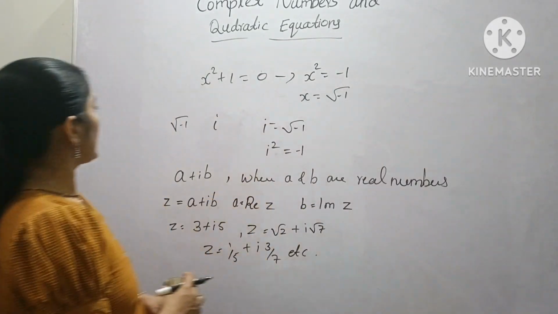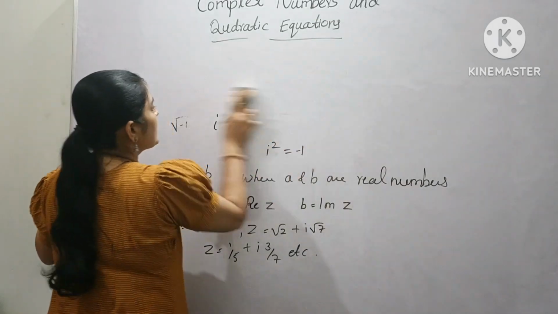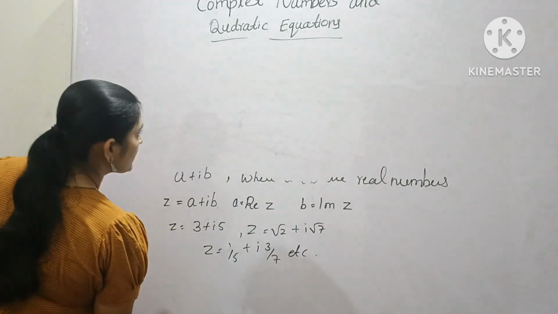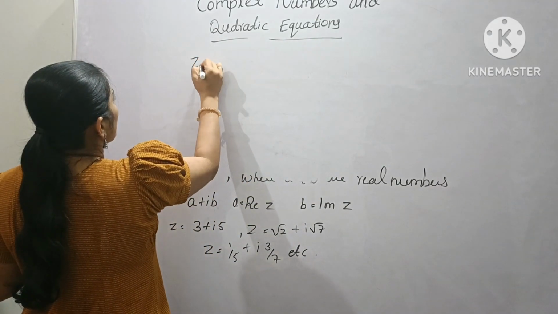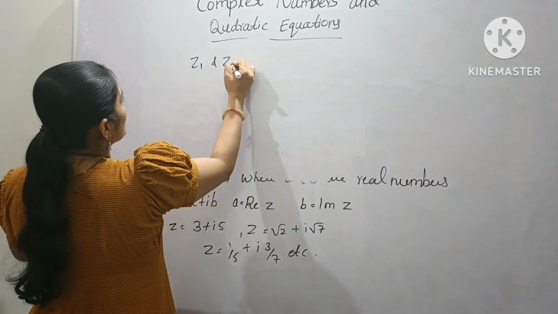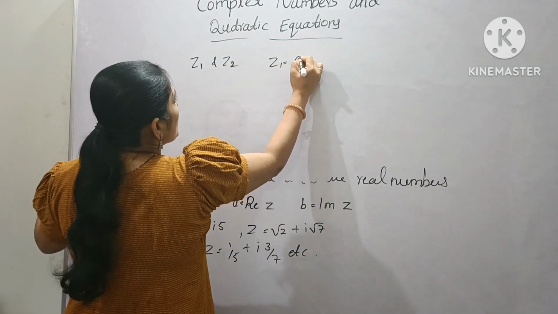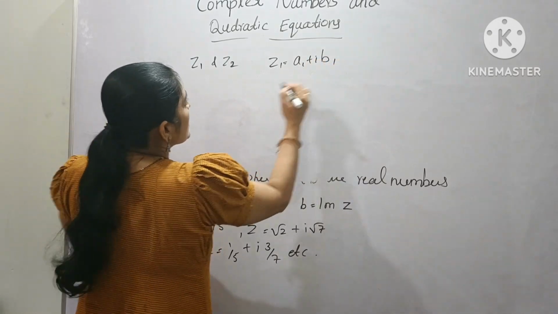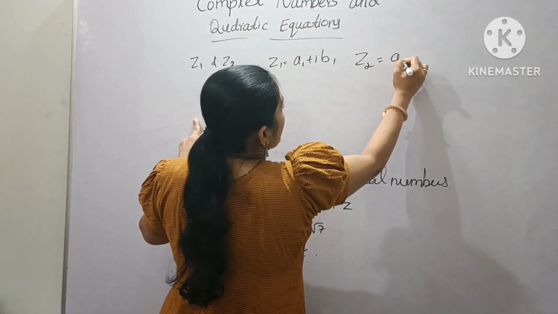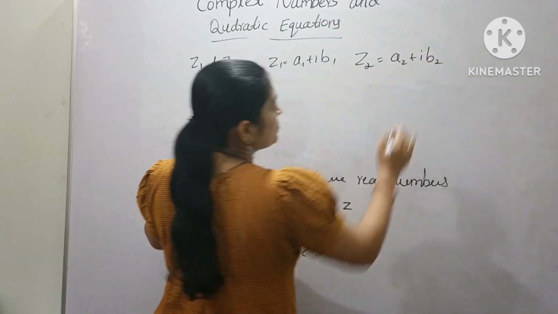Next, let us take two complex numbers z1 and z2. z1 is equal to a1 plus ib1, z2 is equal to a2 plus ib2.